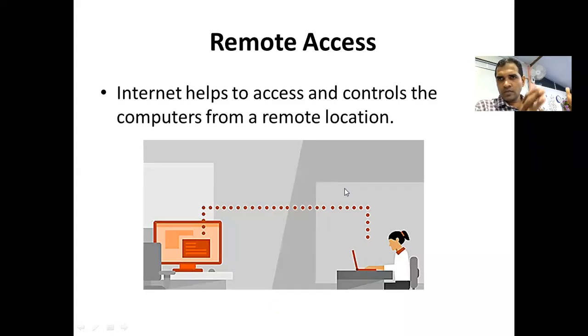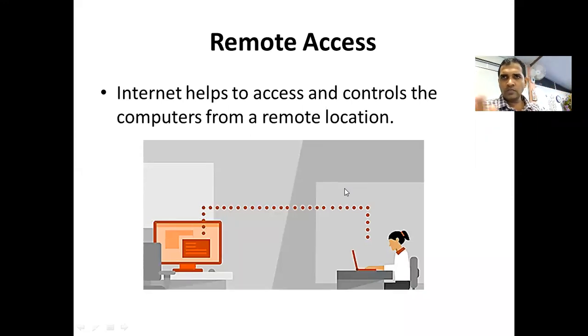Assume that there is a computer in a far place. I want to access that one, and also I want to control it, or maybe I want to make some changes there. If I have internet, and also if that particular computer has internet, it is possible to access as well as control.